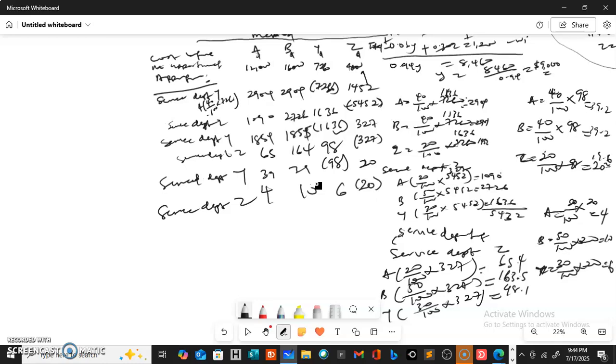So we also have 6 left here in service department Y, which we also have to apportion till we get to 0. So let us do the workings here.